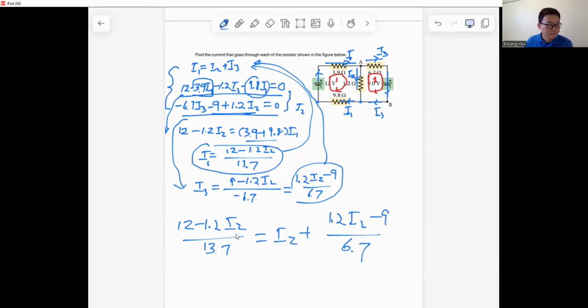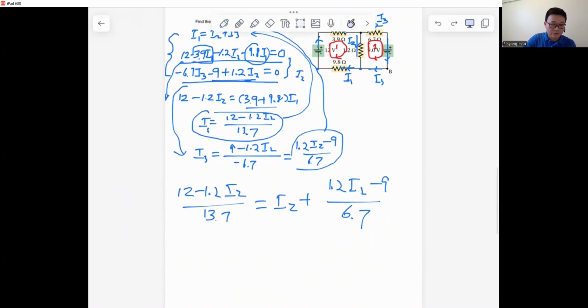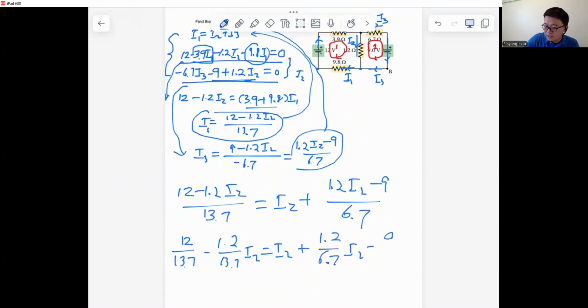So this is a little bit of algebra. If we are careful, we should be able to find the answer. We'll do this: 12 over 13.7 minus 1.2 over 13.7 times I2 equals I2 plus 1.2 over 6.7 I2 minus 9 over 6.7.